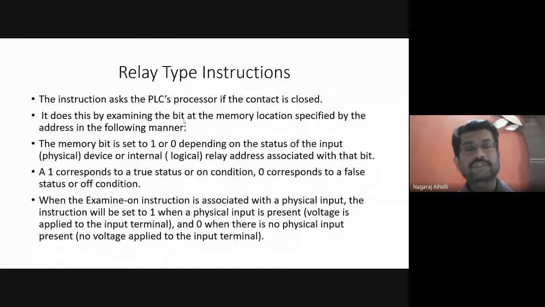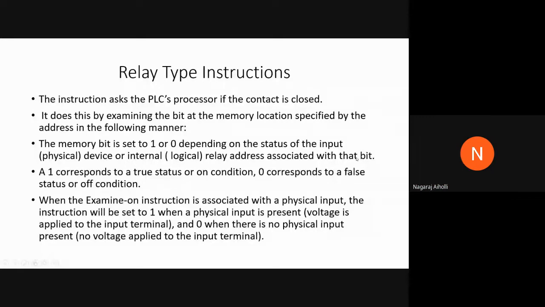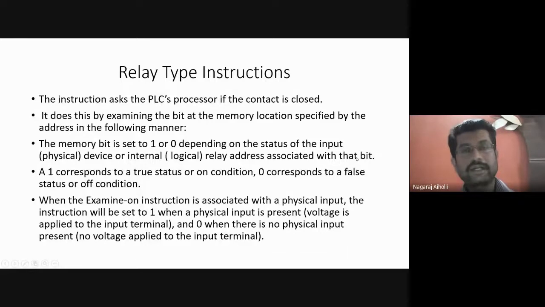The job or the task of the processor in execution of the instructions is done by examining the bit at the memory location specified by the address in the following manner. The memory bit is set to 1 or 0 depending on the status of the input device or the status of the relay associated with that bit. That is, if the input device or the relay is in on state, then the bit stored in the memory will be 1.